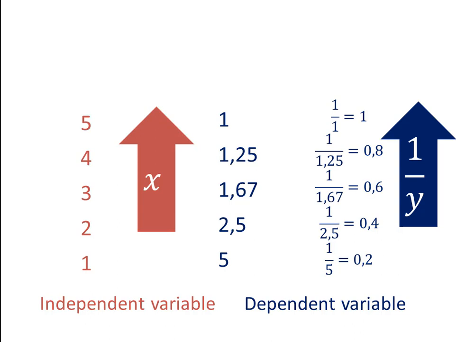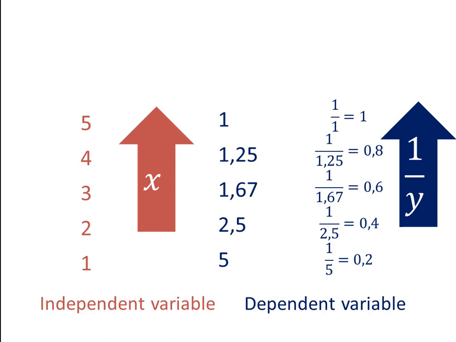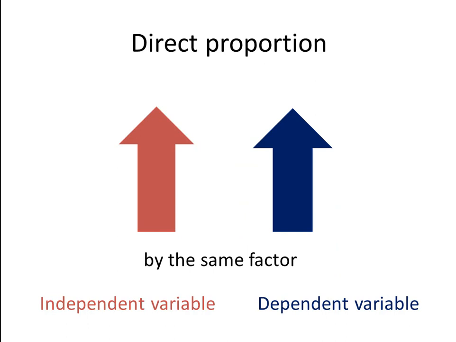And this is by the same factor, because as we increase x from 1 to 2, that's a doubling, 1 times 2 equals 2. 1 over y is also doubling, 0.2 times 2 equals 0.4. So if we say that x is inversely proportional to y, we are also saying x is directly proportional to 1 over y.